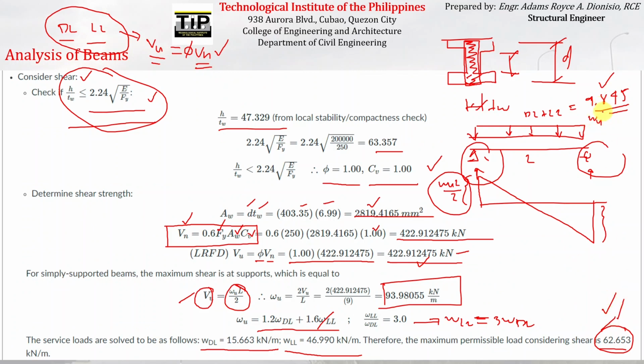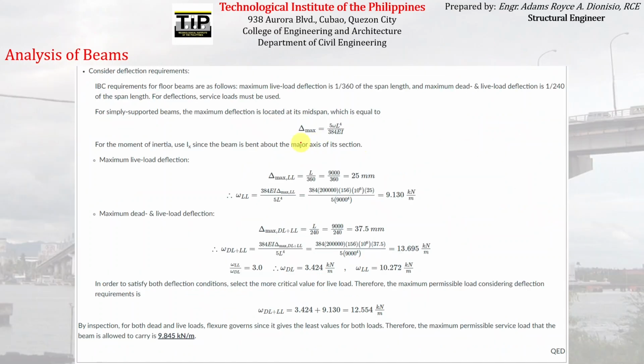Although we still need to check one last code provision, which is about the deflection. We have to find a corresponding dead load plus live load that will induce deflections within the limits of the code.